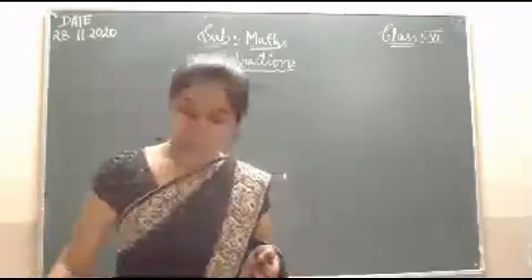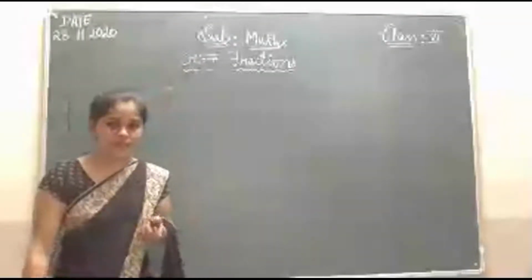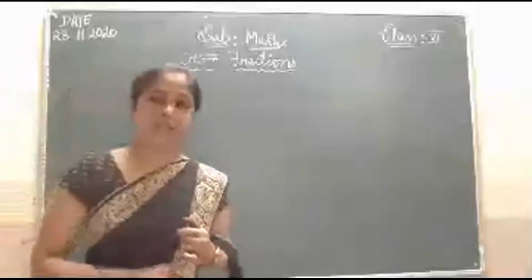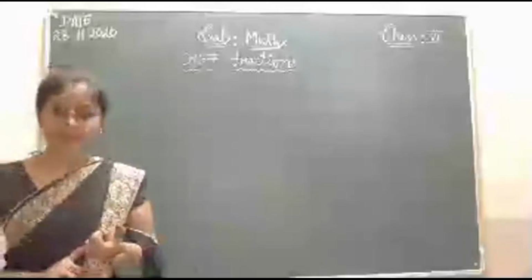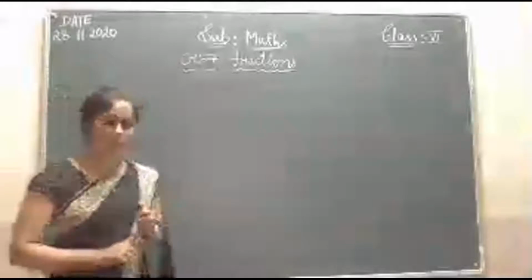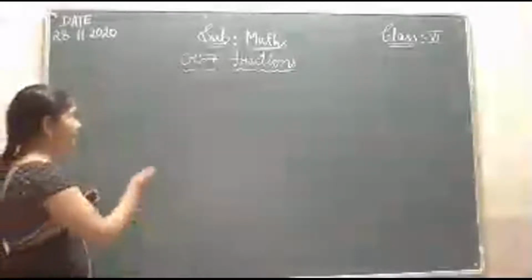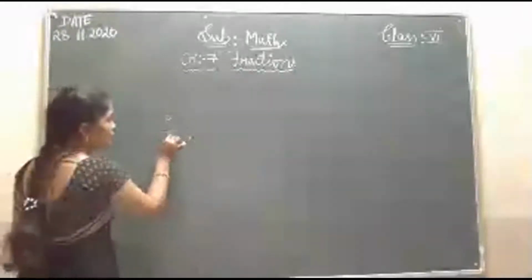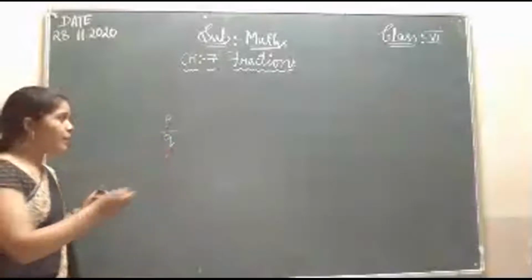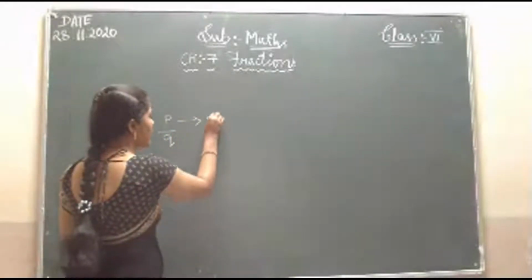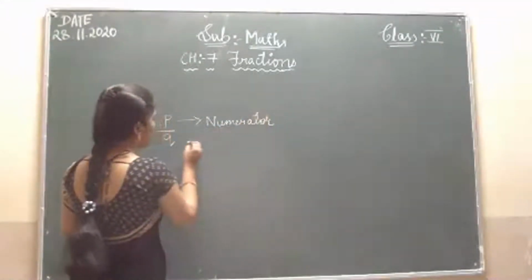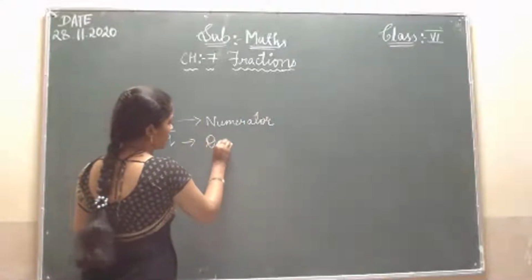So here, what do you mean by fraction? We know natural numbers, whole numbers, integers, and what is a fraction? A part of a whole is nothing but a fraction. For example, it is in the form of P by Q. Here P is the numerator and Q is the denominator.